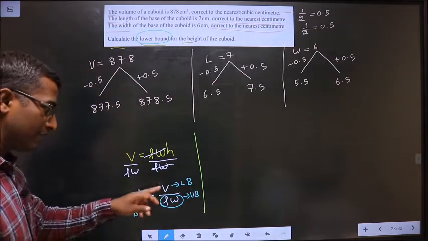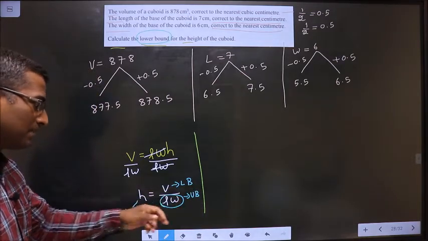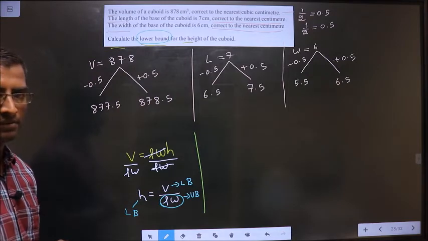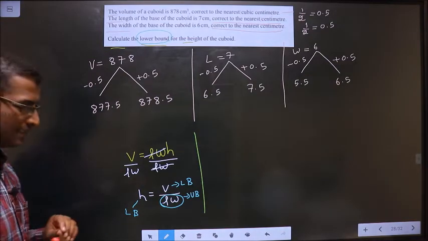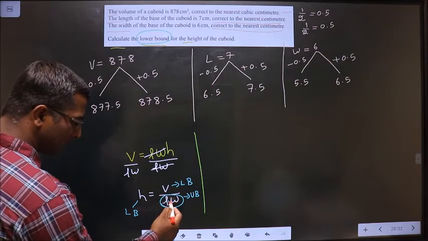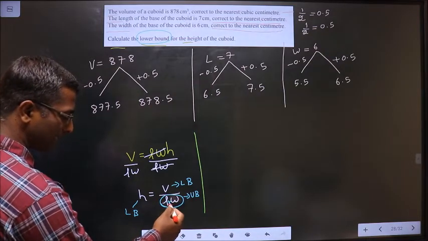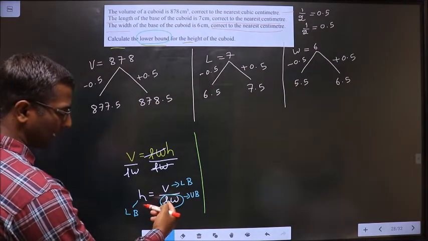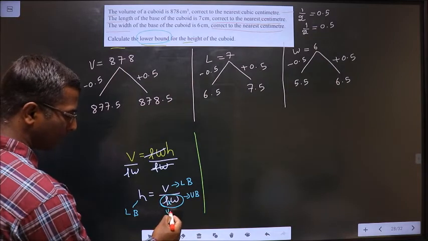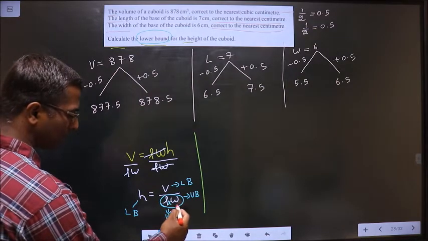Clear? In fraction, lower by upper will result in lower. Okay, next. In denominator you want upper of this. Here it's multiplication. In multiplication, to get upper, both should be taken upper.